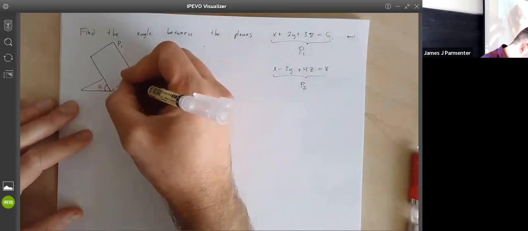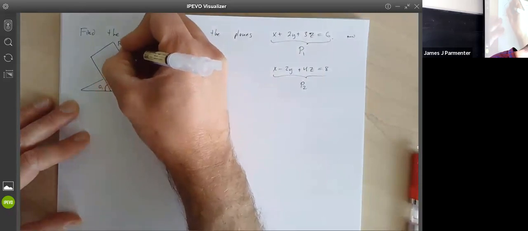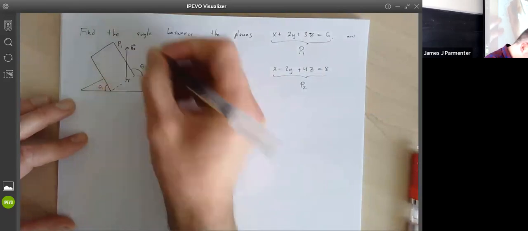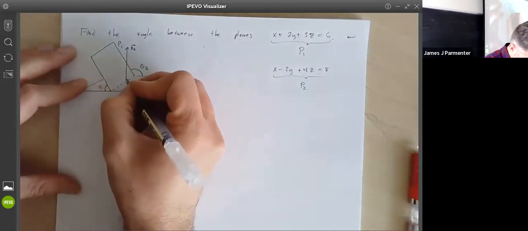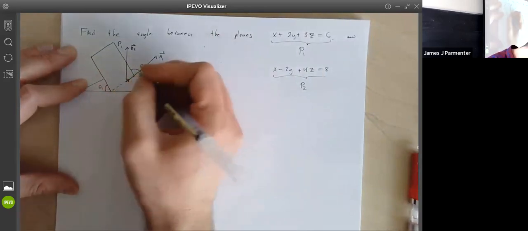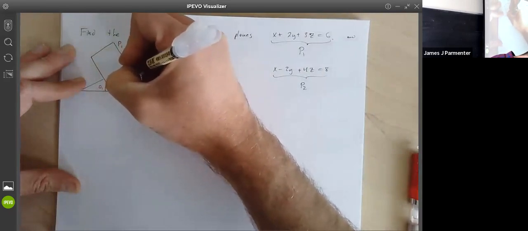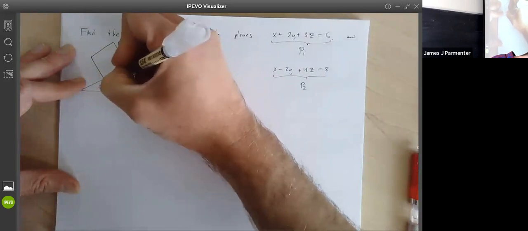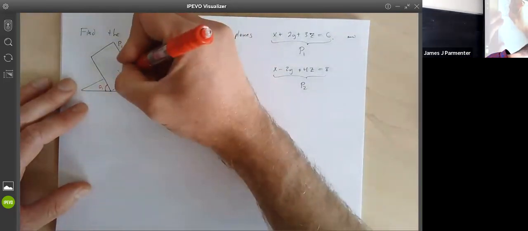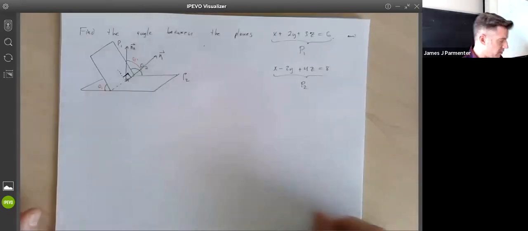So if I draw the vector perpendicular to plane 2, which I'm going to call N2, and the vector perpendicular to plane 1, which I'm going to call N1, then the angle between those two vectors, the acute angle, is the same as that acute angle there, right?